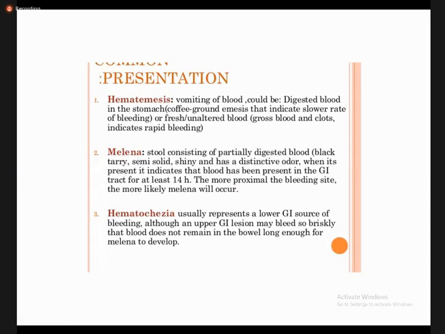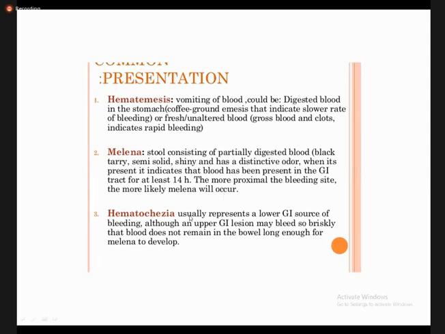So it takes 14 hours at least to pass through the entire GI tract, and it mixes with the enzymes and the bacteria which are normally present in the GI tract. So it gives the characteristic color and the odor to the stools. The more proximal the bleeding site, the more likely melena will occur.